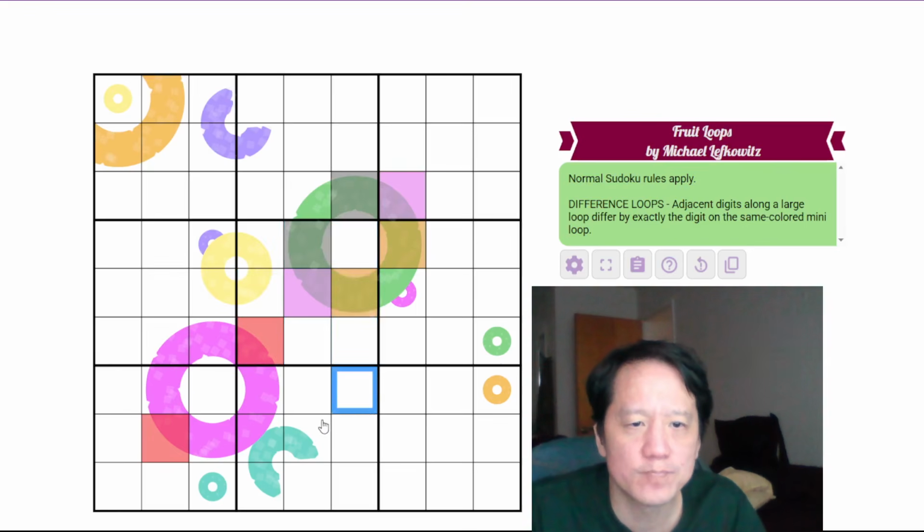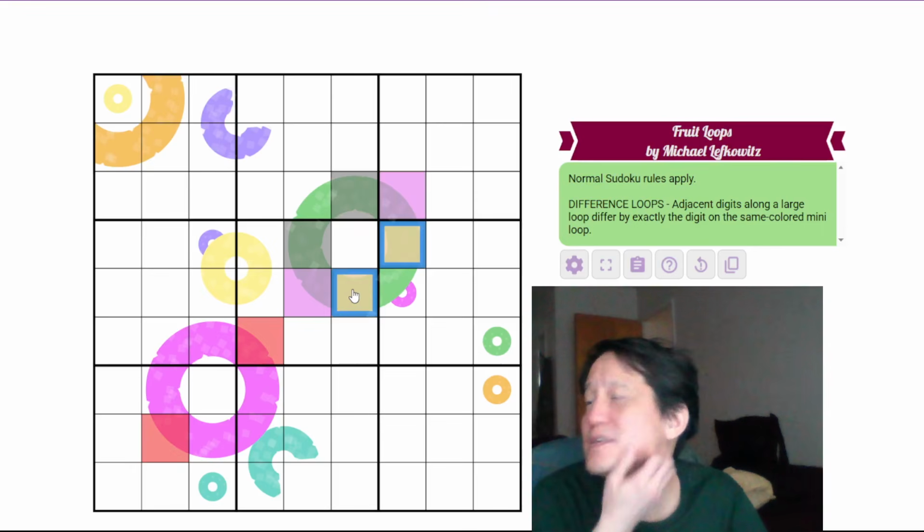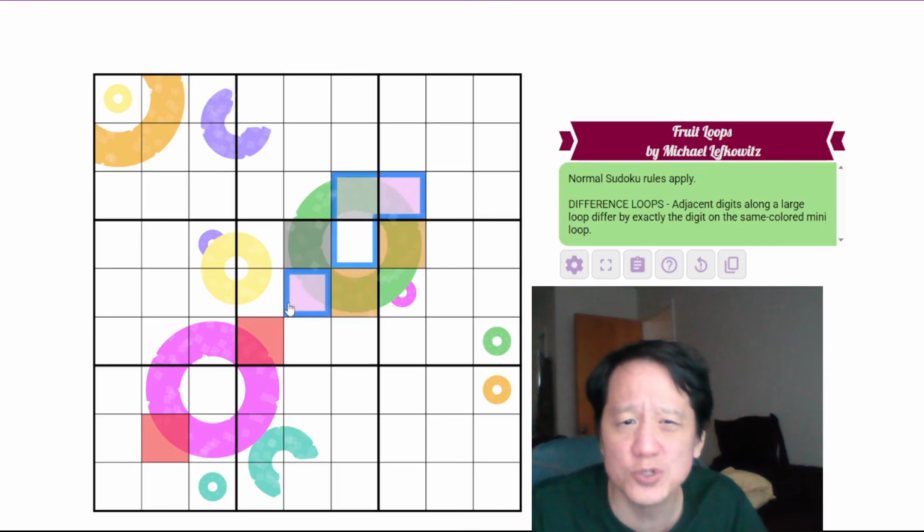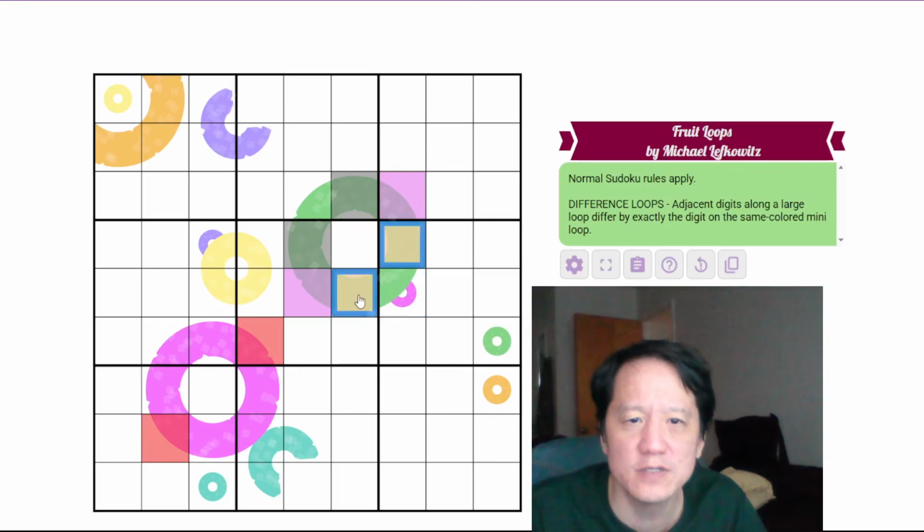So this is green here. You can have a difference of 1 and 2, but I don't think you can have a difference of 3. Say you had 3, 6, 9. Yeah, you can't have different digits there.